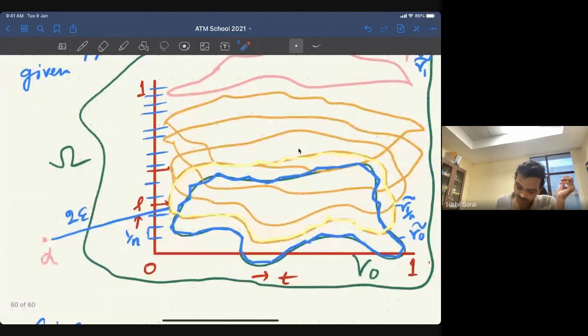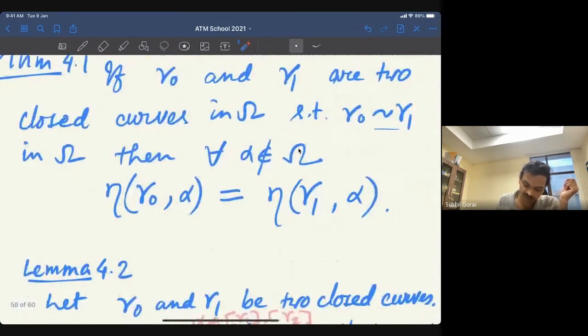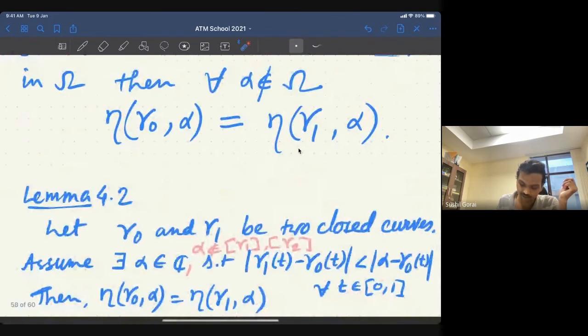So you go to gamma naught tilde, and then from gamma naught tilde you go to gamma 1 over n tilde, and so on in continuous fashion. At each step, make n large so that you can keep on satisfying this property.